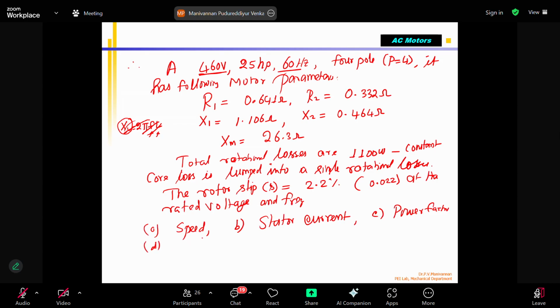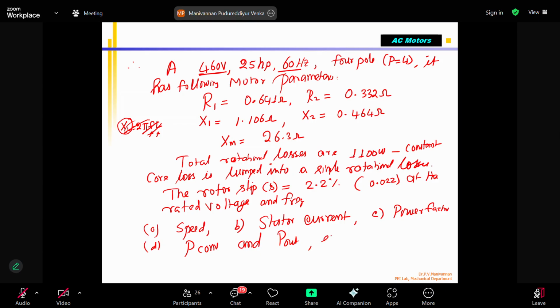Then they wanted to find out P converted, the power converted into the magnetizing, correct? Which will be transferred to the rotor, correct? First that power, and also the final P out, that is mechanical power.